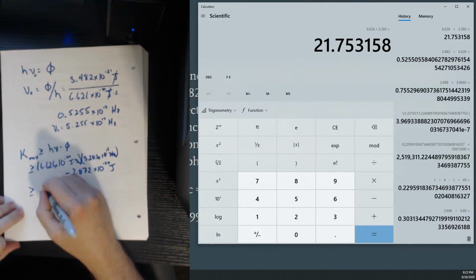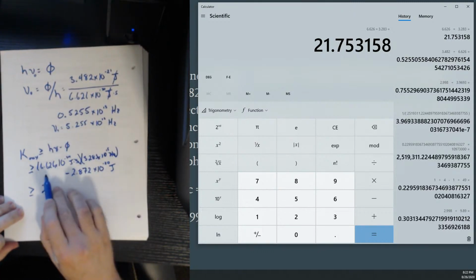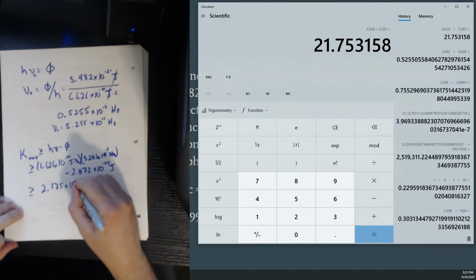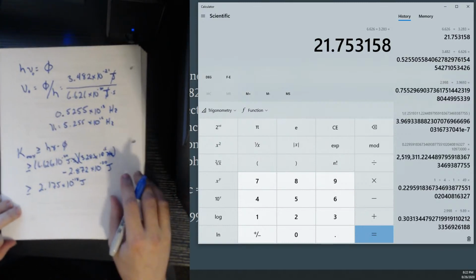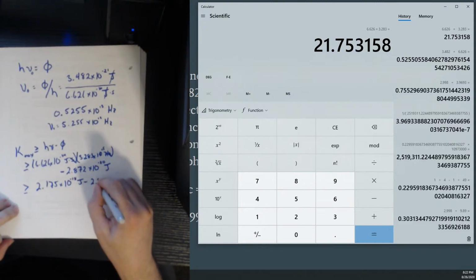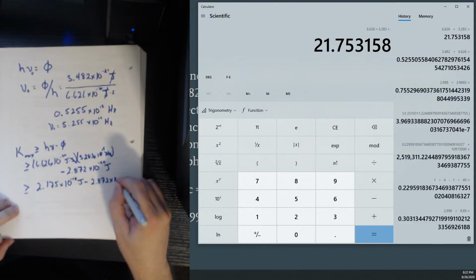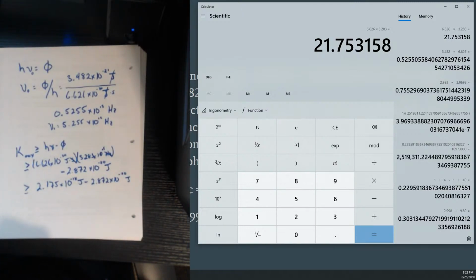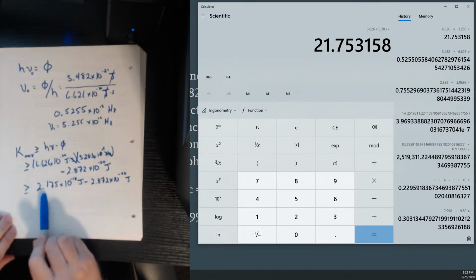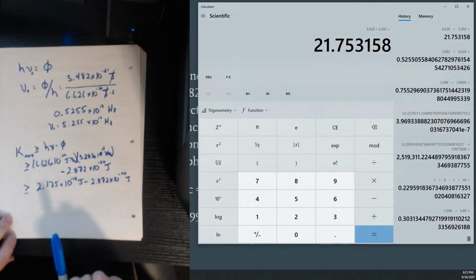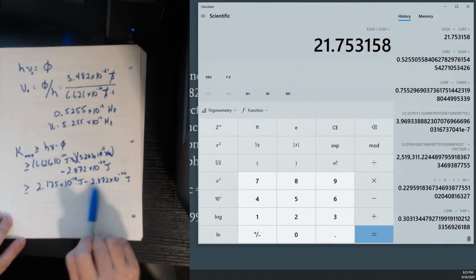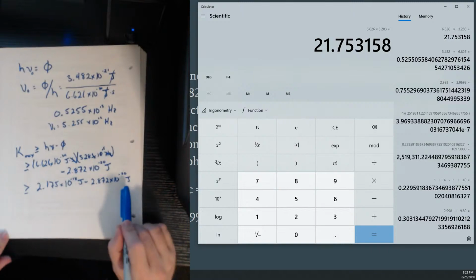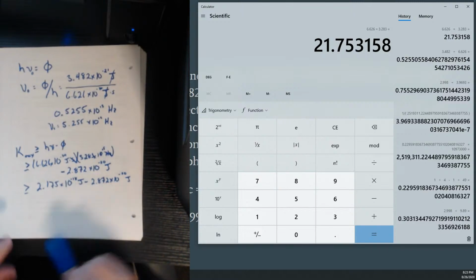So that is 175 times 10 to the negative 18th joules minus 2.872 times 10 to the negative 20th joules. So there is way more energy than you need. In fact, it's about 100 times more energy than is necessary to pull that electron off of there. 10 to the negative 18th is 100 times more than 10 to the negative 20th.